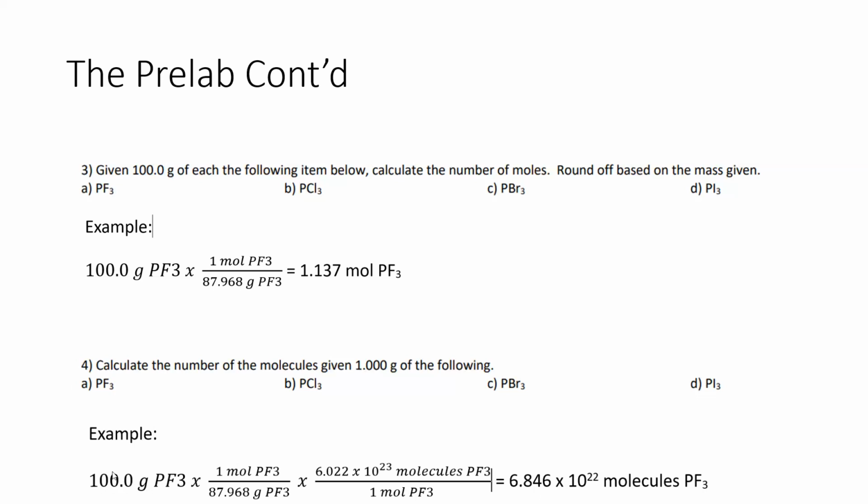So instead of 100 grams, it should read 1.00 grams. Dividing by the molar mass gives you the number of moles. And then using Avogadro's number, for the number of molecules in a mole, will give us the number of molecules given whichever formula we're talking about, in this case, phosphorus trifluoride.